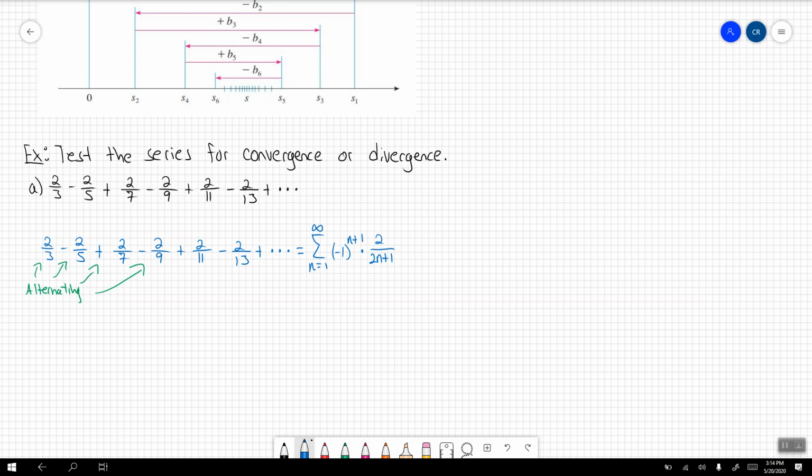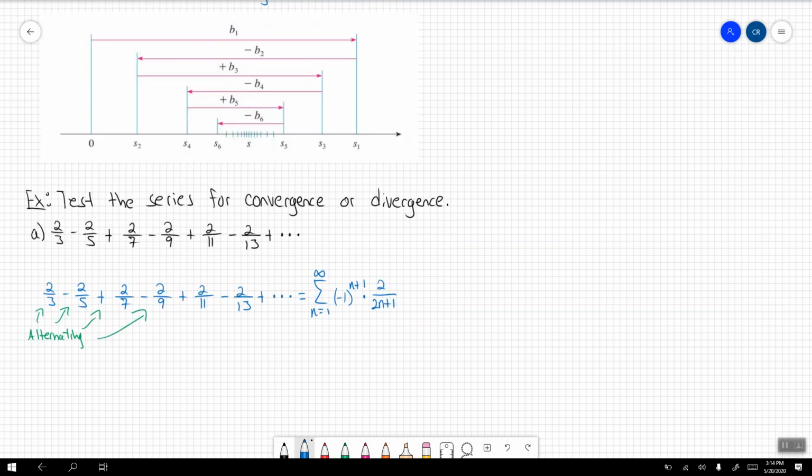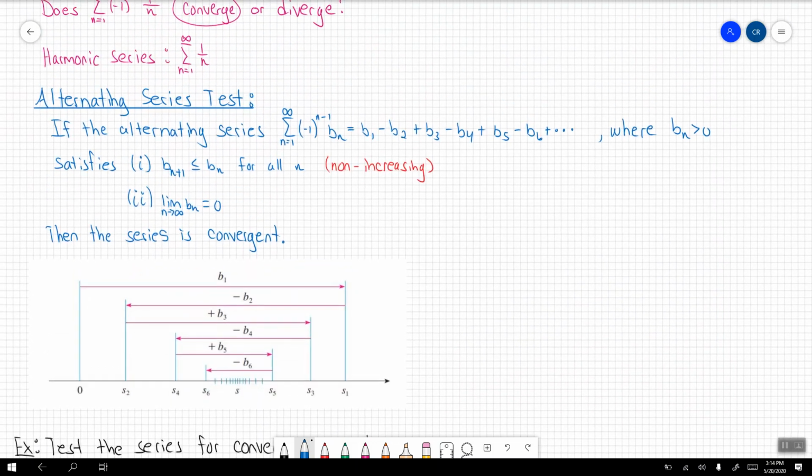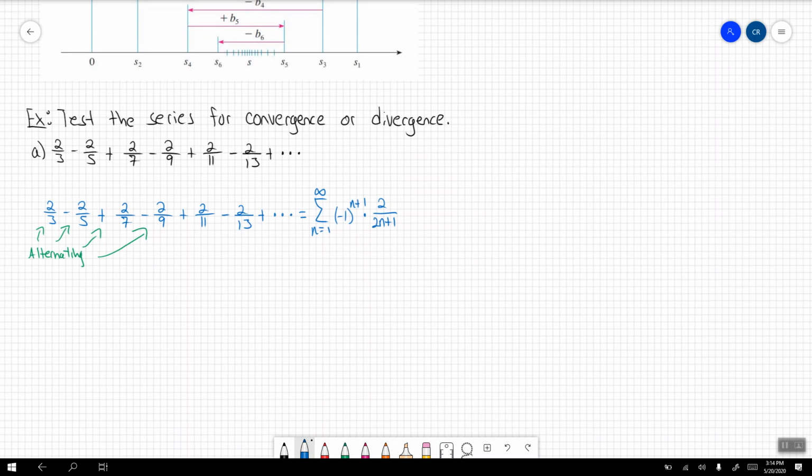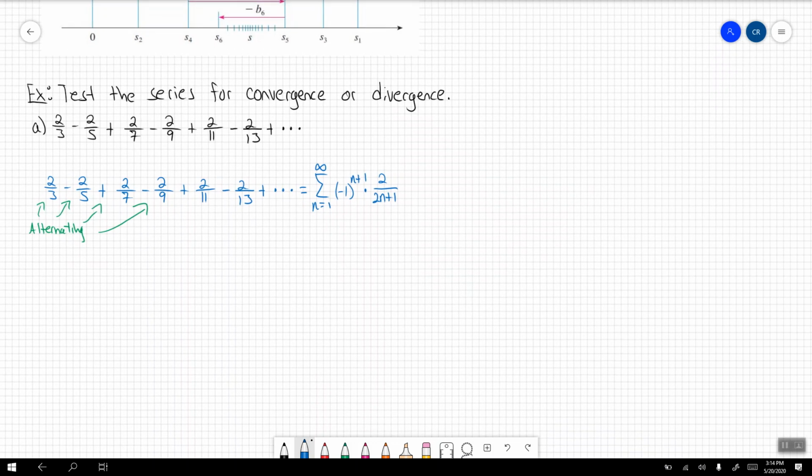All right, so I have an alternating series, so I'm going to start using the alternating series test. I'm going to make sure that this is non-increasing. That's my first thing. Number 2, I'm going to check that the limit for that explicit function tends to 0. So let's go ahead and do that. I'm going to extract my b sub n.